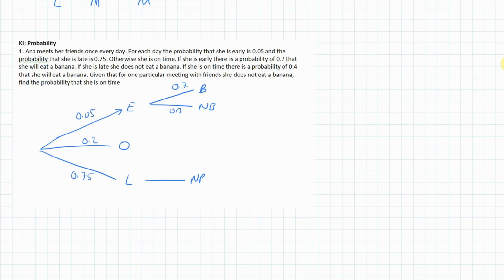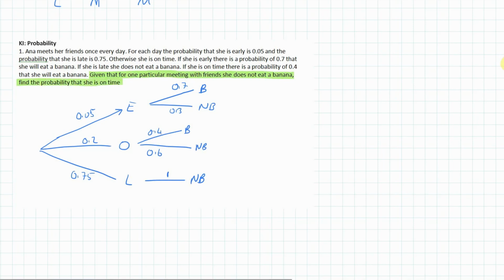No banana. So, 1. And if she's on time, there's a probability of 0.4 she will eat a banana. 0.4. Banana. And then 0.6. No banana. Okay. Now, given that for one particular meeting with friends she does not eat a banana, find the probability that she's on time.